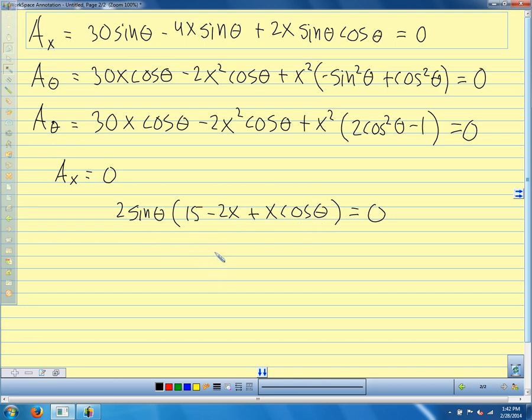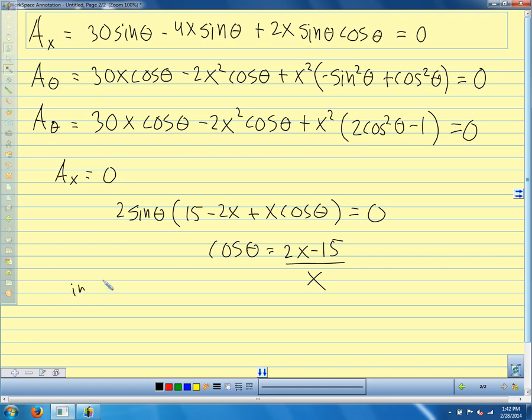And so when I solve that for cosine theta, I get cosine theta equals 2x minus 15 over x. And now I'm going to look at this equation, and I'm going to substitute this expression in for cosine theta.